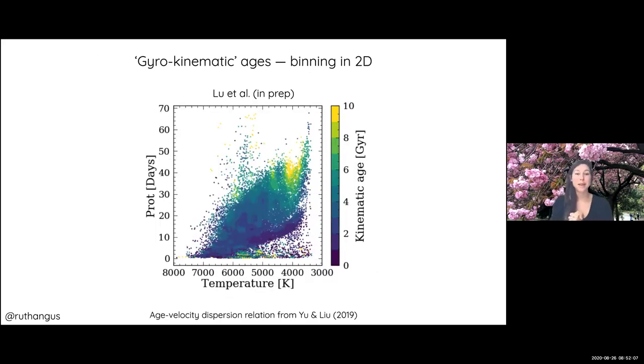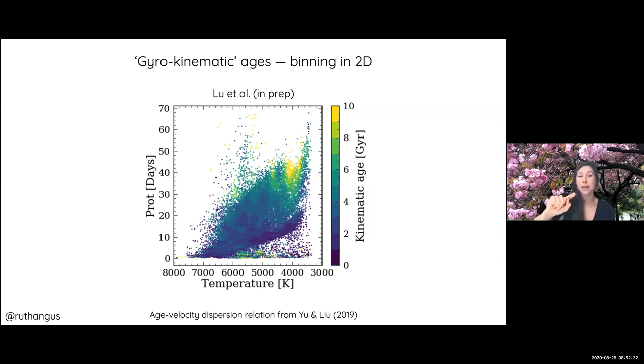This is a figure from a paper that's in prep by Lucy Liu, who's a first-year Columbia graduate student. It shows rotation period again versus temperature, but this time it looks a little bit different because the y scale is in linear space now, not log space. This figure is calculated by doing exactly what Sebastian suggested.